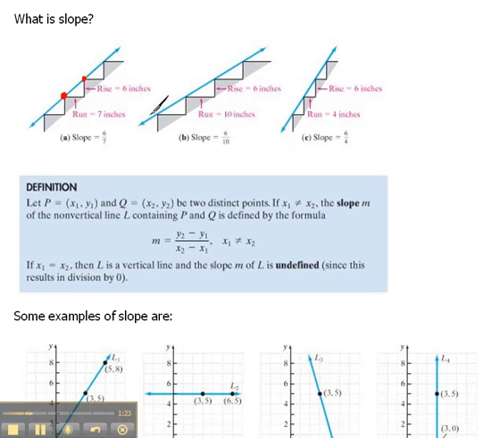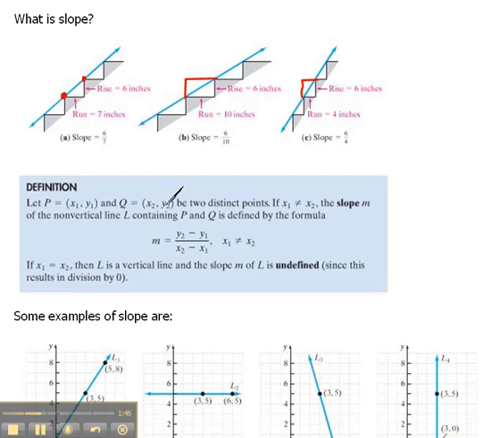All right, now if you have a picture drawn out, you can actually look at the rise compared to the run in each one of these. But sometimes you're only going to have points. So the formal definition says if you've got 2 points, this x1, y1 means the x and the y value from your first point.